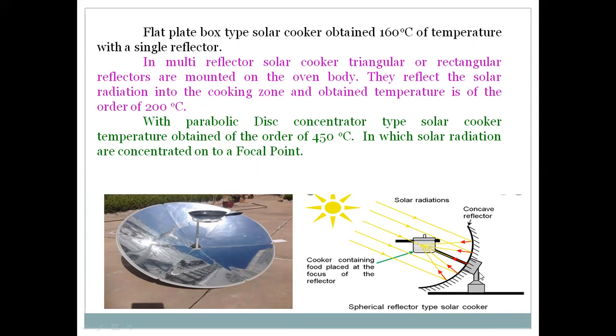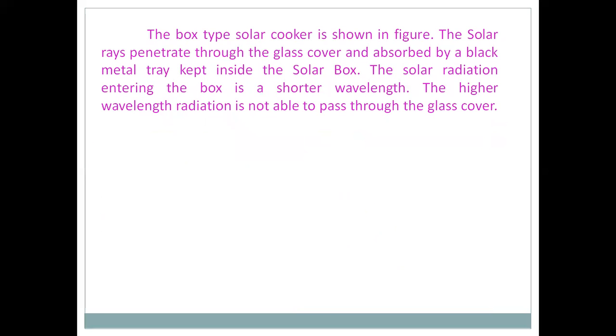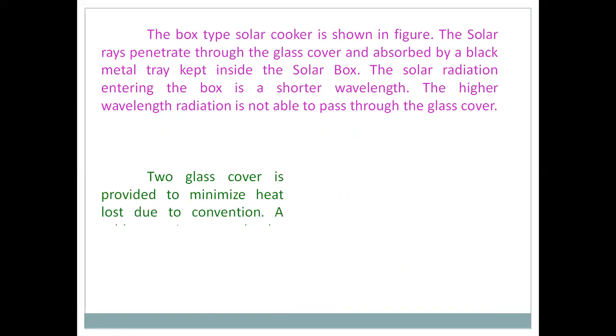Of course, this is mounted on the top of the building, so that most of the radiation is absorbed by this reflector type solar cooker. Of course, the box type solar cooker is shown in this figure.